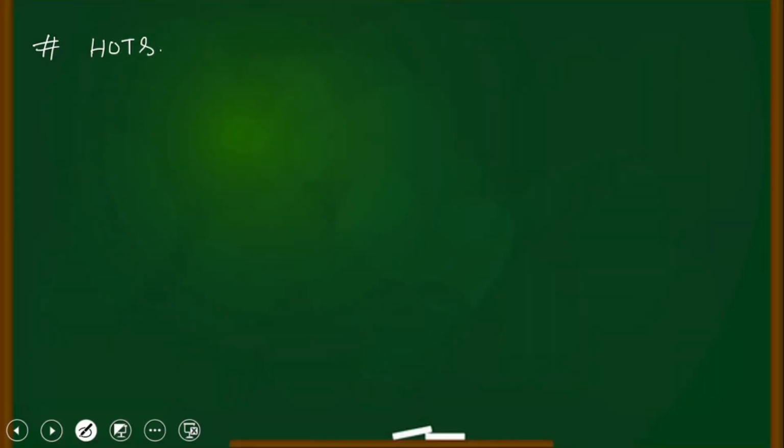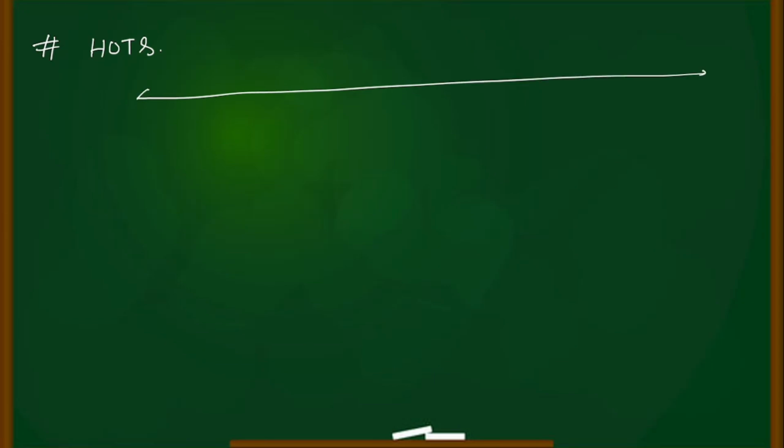Now the next type of question is on the number line. Suppose this is a number line. This is 2, this is 1, and this is 0. Suppose this is T, and this is U. The question is TR is equal to RS is equal to SU, which means T and U are divided into 3 equal parts.